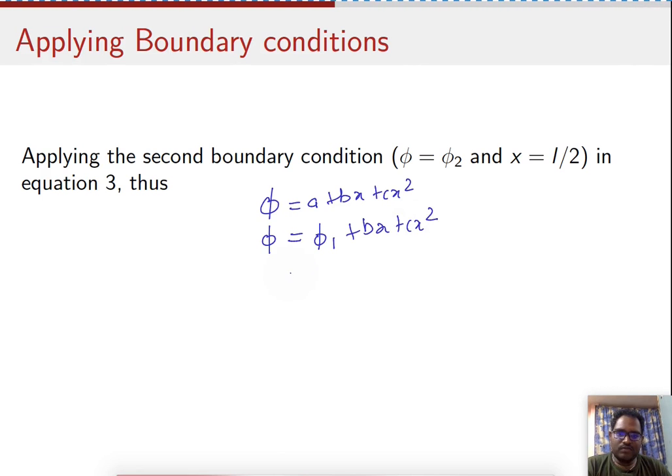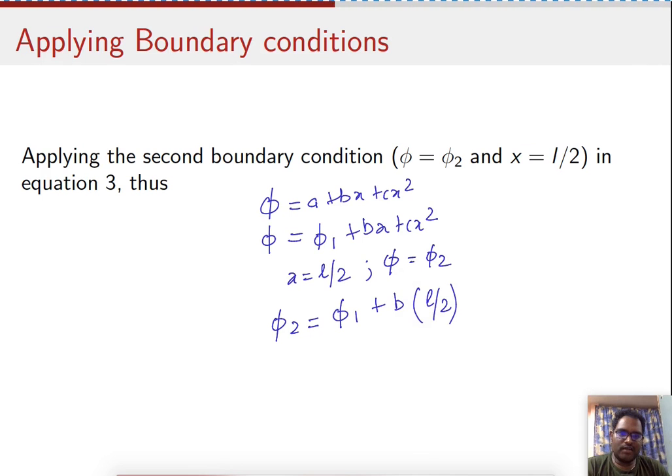Now substituting x is equal to L by 2 and phi is equal to phi 2, it is phi 2 is equal to phi 1 plus b into L by 2 plus c into L square by 4, because we have the square term over here.